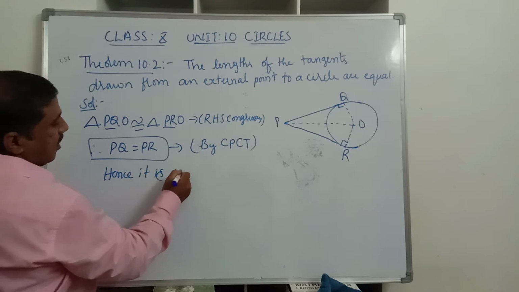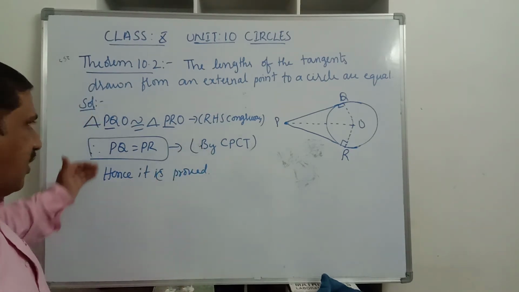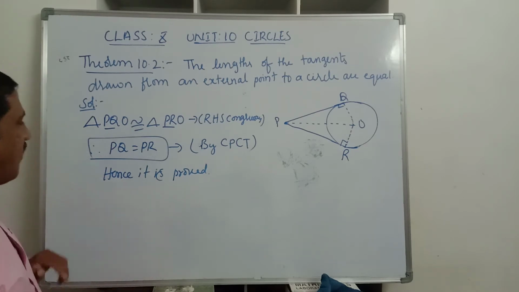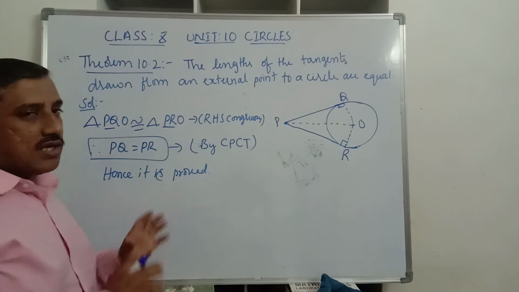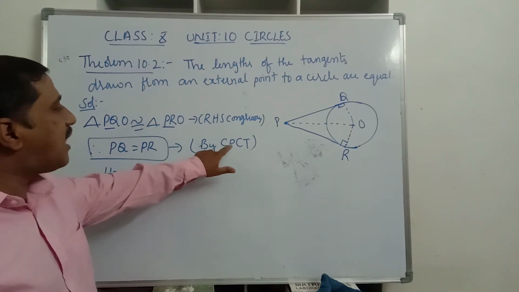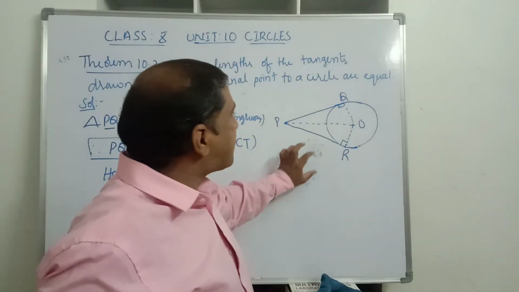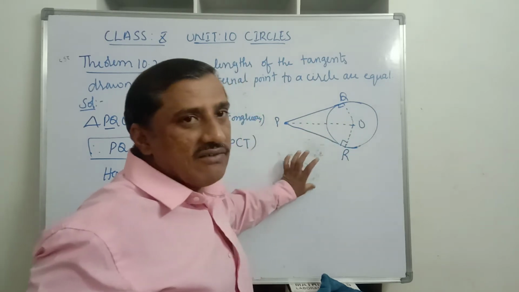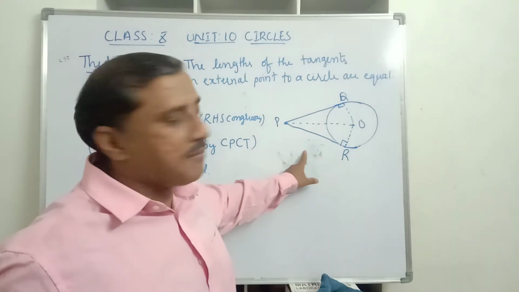A simple theorem and proof it is, but we use this theorem in solving all the problems. So what can we conclude if these two triangles are congruent? CPCT means corresponding parts of congruent triangles. With respect to the sides, QO is equal to RO, both radii, and PO is equal to OP, the common side, the hypotenuse.